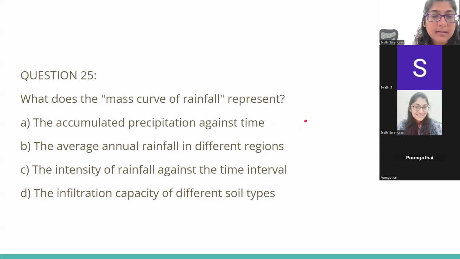Now, what does the mass curve of rainfall represent? Accumulated precipitation against time, average annual rainfall in different regions, intensity of rainfall versus time, or infiltration capacity of different types of soil.